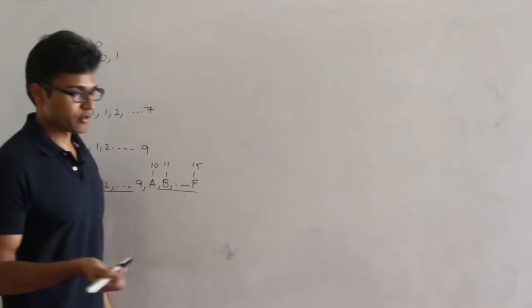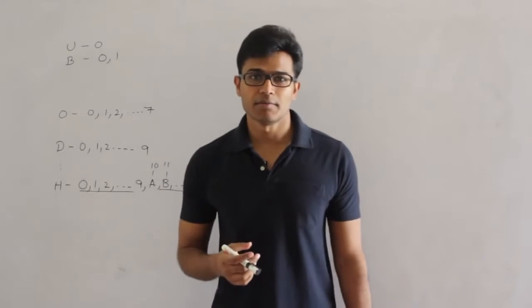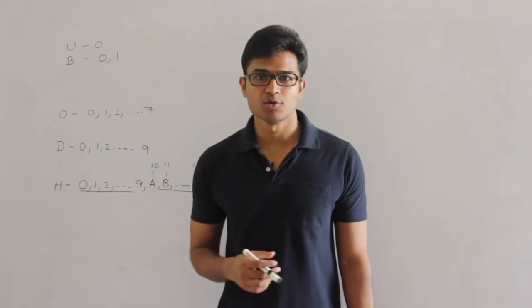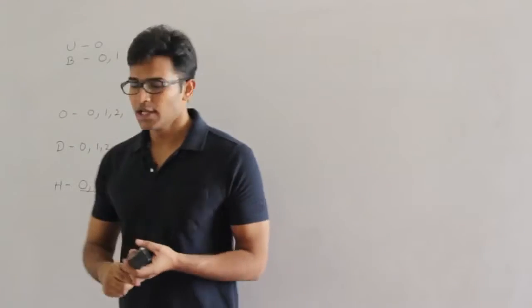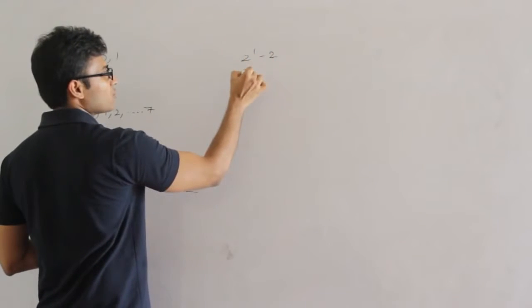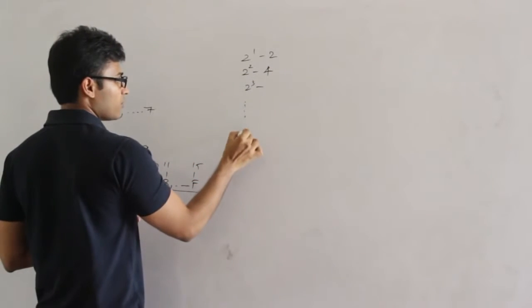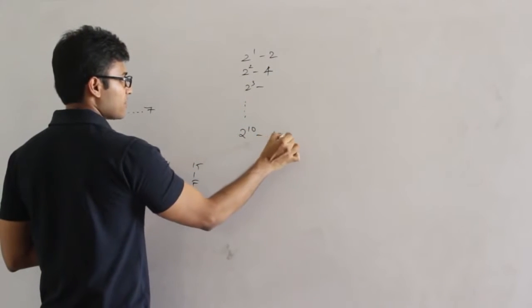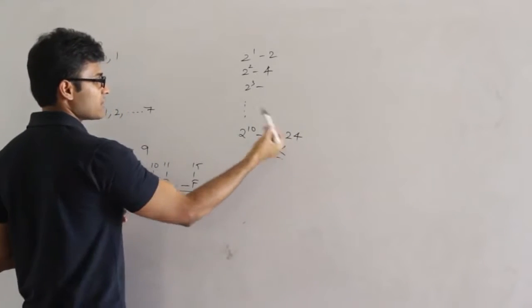So we have all these number systems, but the most popular number system coming to computer science is binary. Therefore, I would ask you to be very good with the binary number system, especially the powers of 2. You should have a grip over these numbers: 2 power 1, 2 power 2, 2 power 3, so on, up to 2 power 10. 2 power 10 is nothing but 1024, and sometimes it is also called K. K represents 1024.